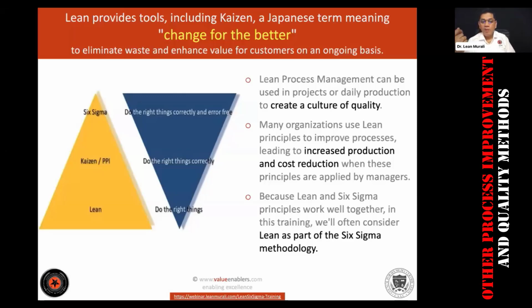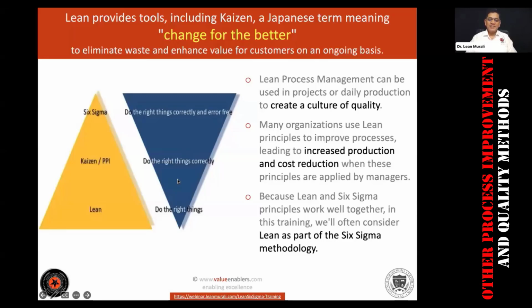People who use primarily Lean use Six Sigma and statistical tools as a part of Lean methodology, so they keep Lean at a higher level. People who are into Kaizen use both Lean and Six Sigma methodology as a part of continuous improvement.